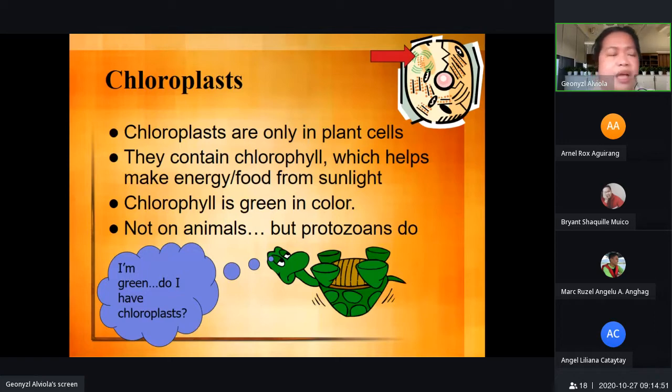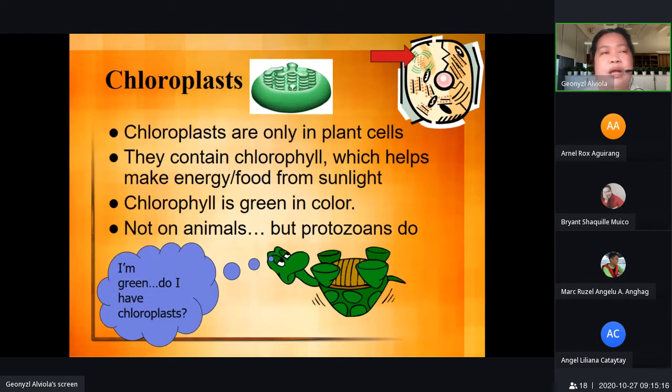Chlorophyll is present also in protozoans because there are some protozoans that act like a plant. Okay. There are also some species of bacteria that have chlorophyll but they are rare. But protozoans have chlorophyll too, especially the chlorophyta, the algae group.